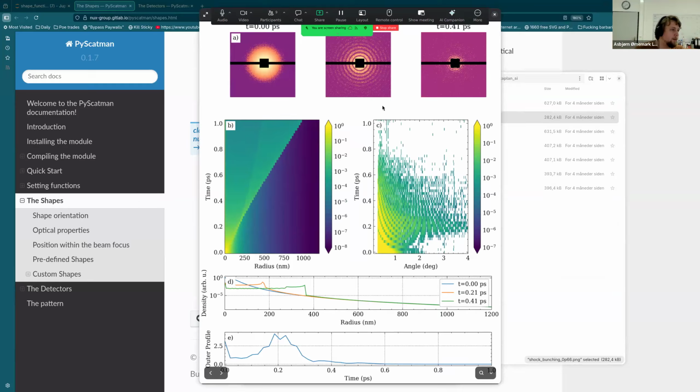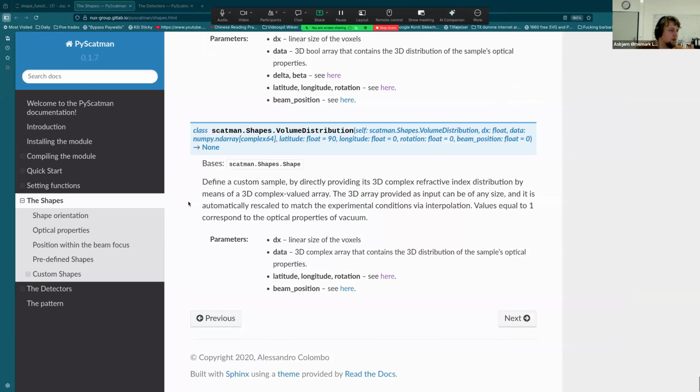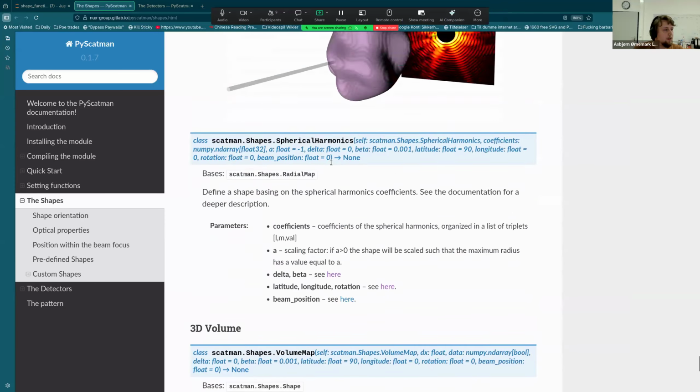Then you can try to track this, the radial distribution of the simulated image in time. This is one thing you can do with these very flexible shapes.